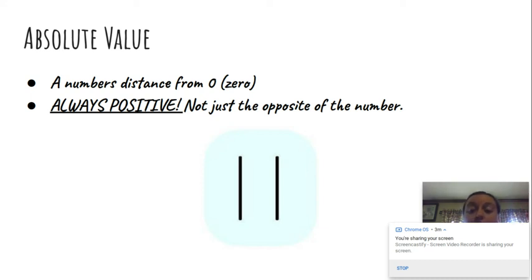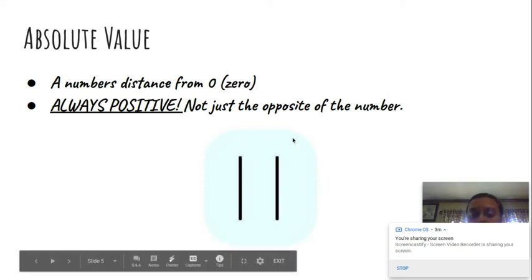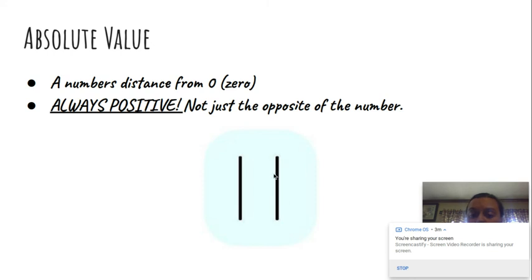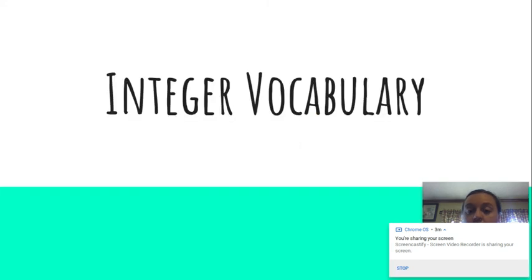So even if you start out with a positive number, absolute value stays positive. Here is what the absolute value signs look like. Now remember, you will have a number sandwiched in here to let you know what number you're finding the absolute value of. That is a quick lesson on the basics of integers.